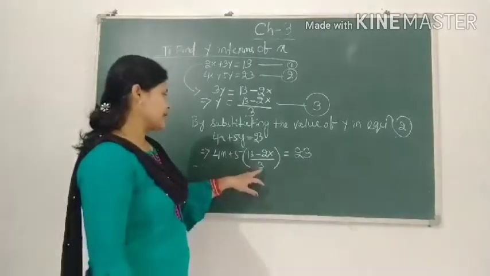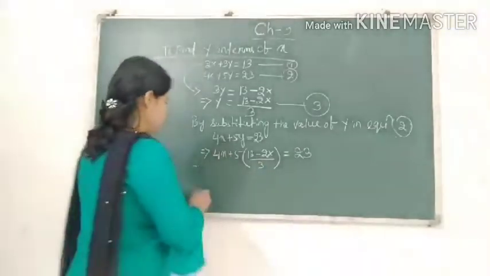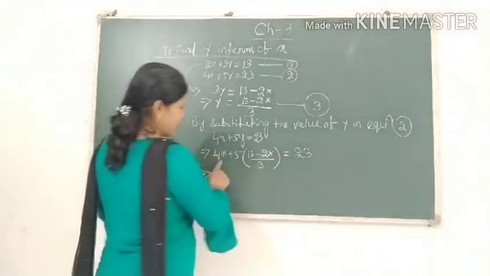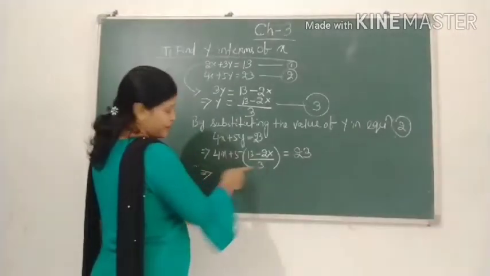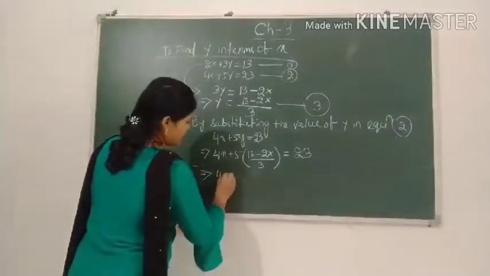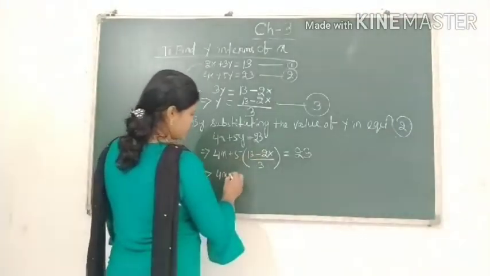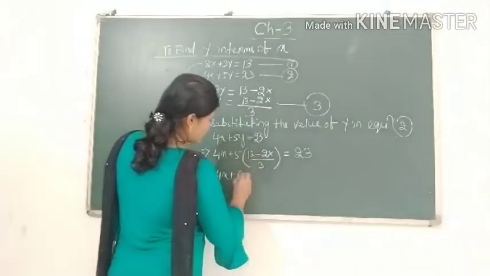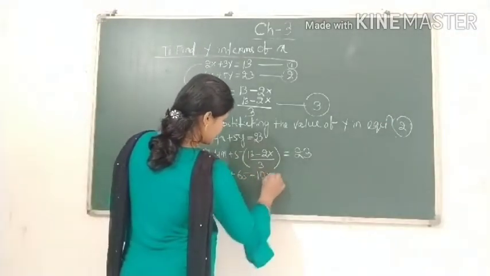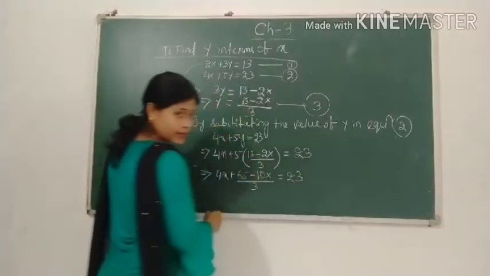You cannot take it directly because this is not a whole expression. So I have to take the LCM. First, 5 is outside the bracket, so I have to multiply first. 5 times 13 is 65, minus 10x, divided by 3, is equal to 23.